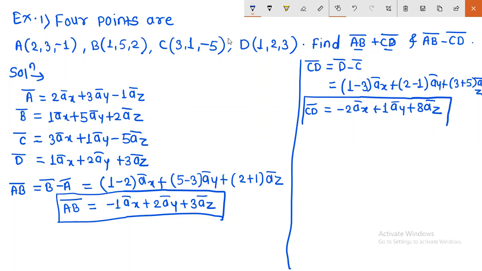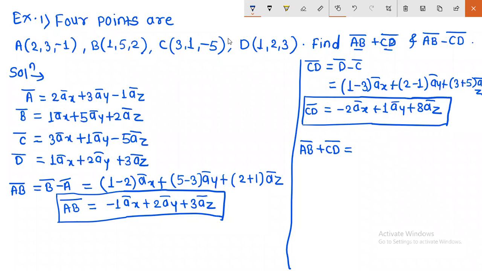Did everyone understand? Yes, ma'am. Now very simple. You have to just add these two vectors and subtract these two vectors. So first that is AB bar plus CD bar.